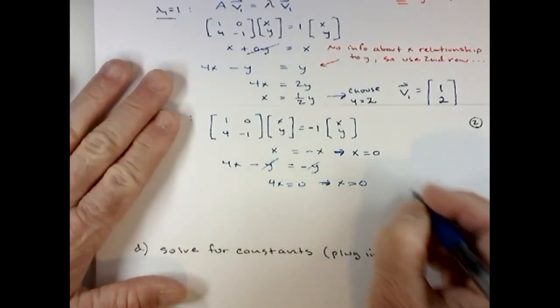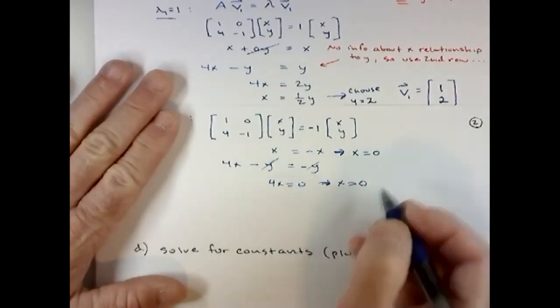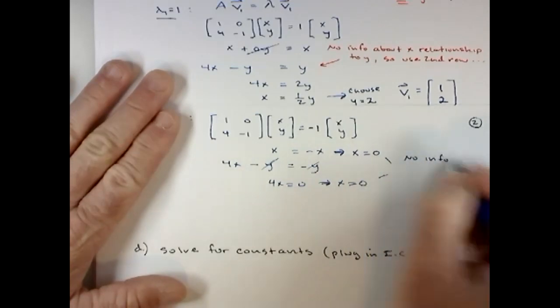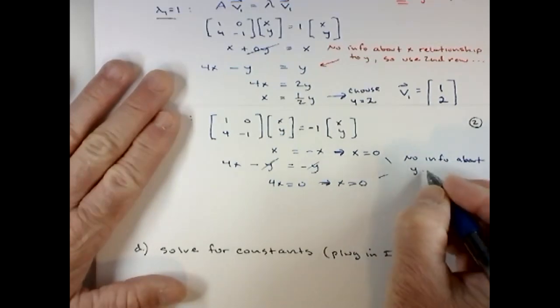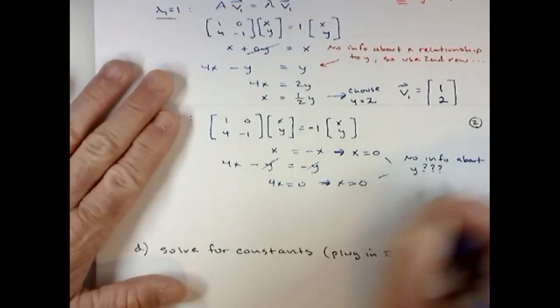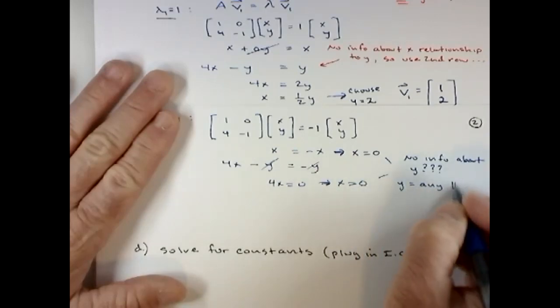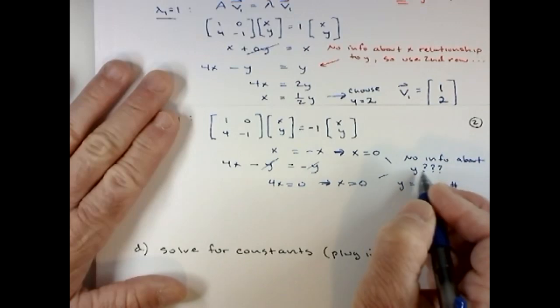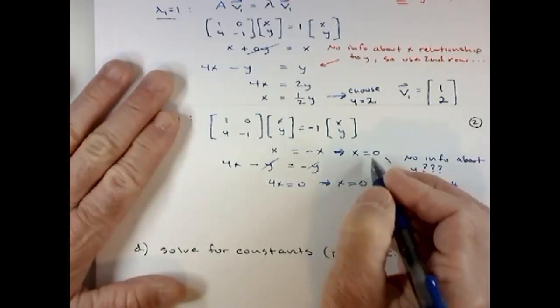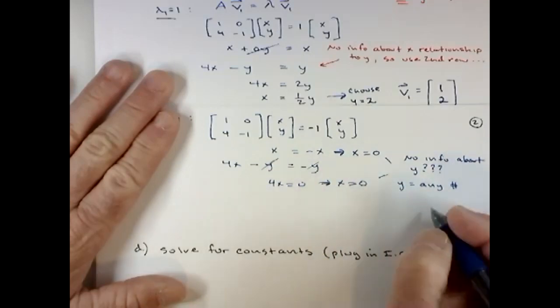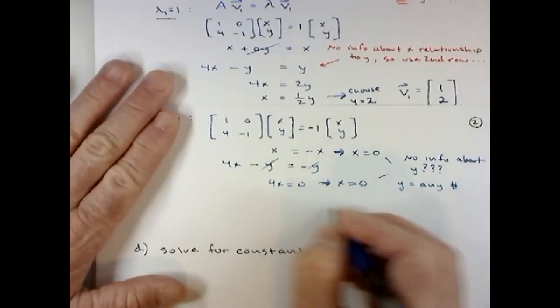So when this happens, what it means is no info about y, and I'll put question mark, right? What that means is y can equal anything, any number. When you get either x equals 0 or y equals 0, if you don't get any information about the other variable, it means the other variable can equal any number.